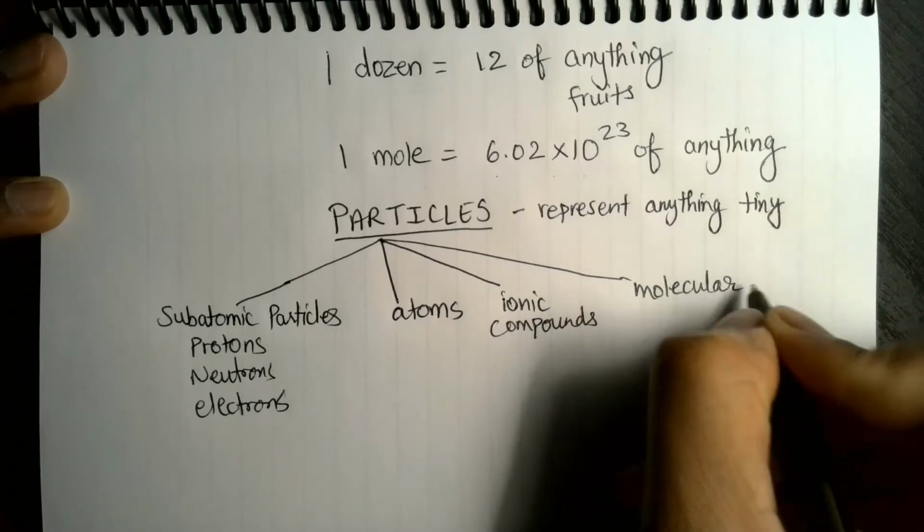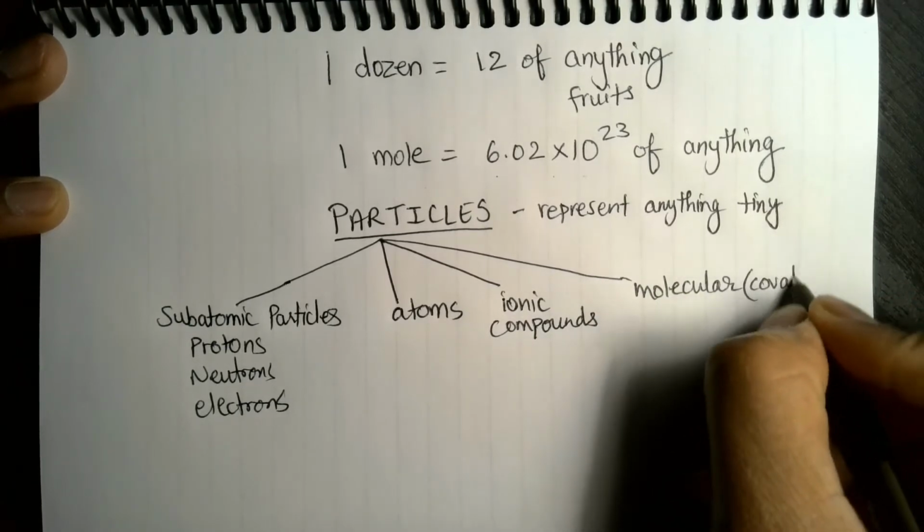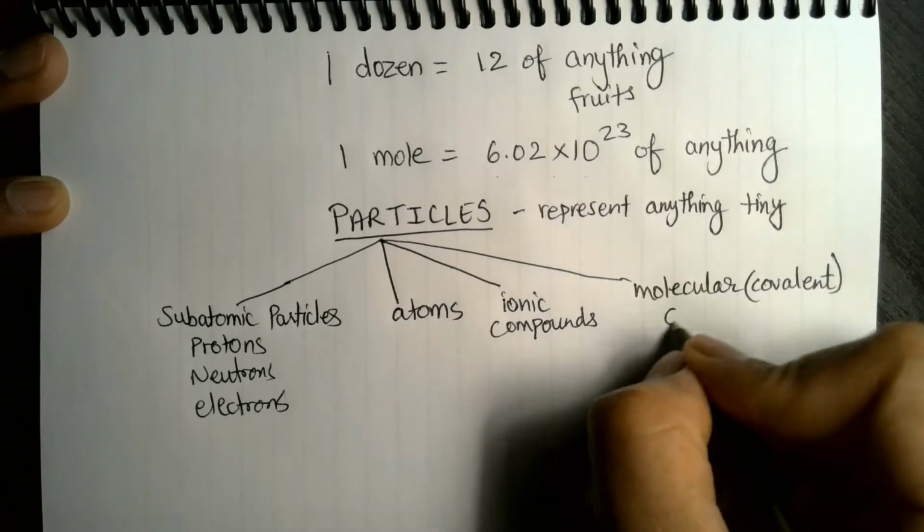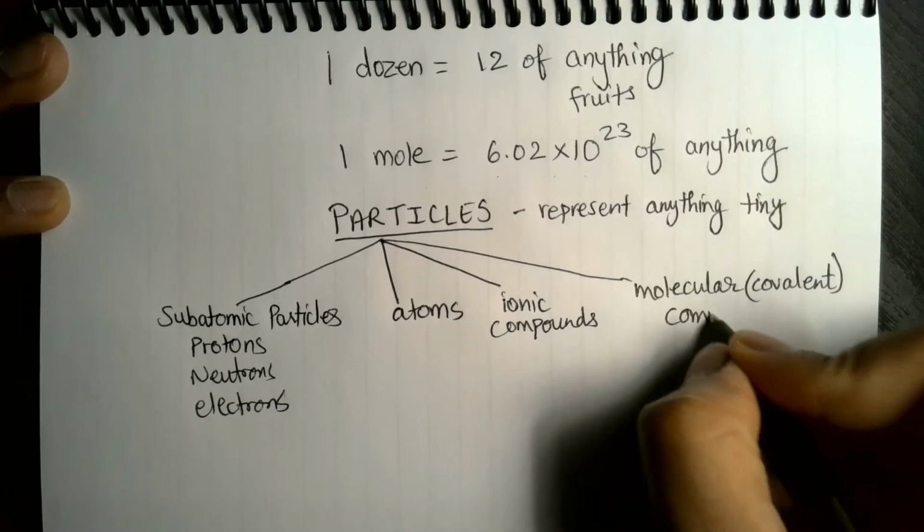Another name for molecular compounds is covalent compounds. All of these can be considered as particles.